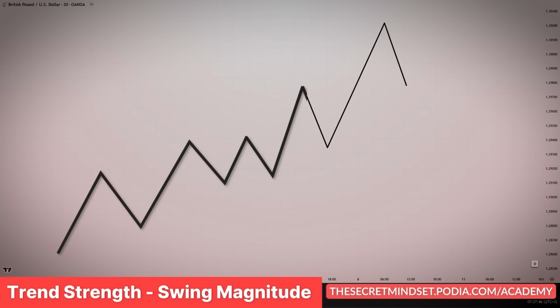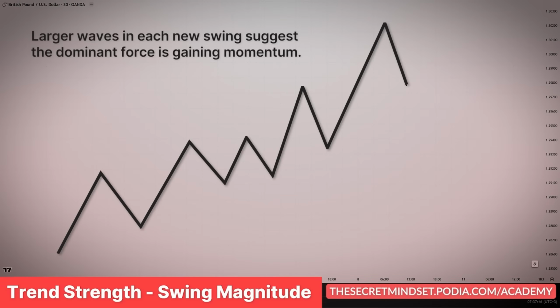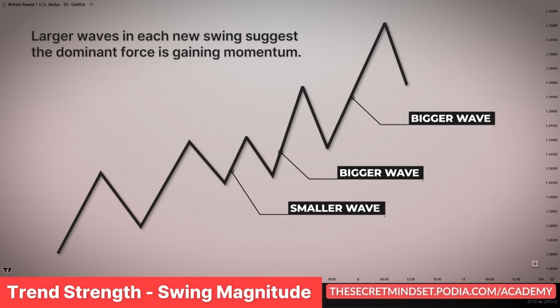Another thing to watch is how far each new swing travels. If every price leg is bigger than the last, this tells you the dominant force is gaining momentum with every cycle. The growing imbalance between supply and demand is fueling increasingly larger price movements.